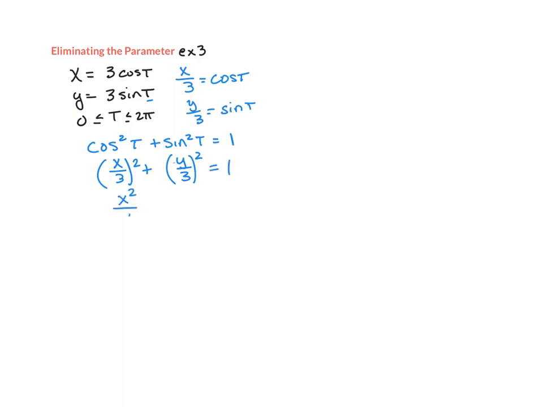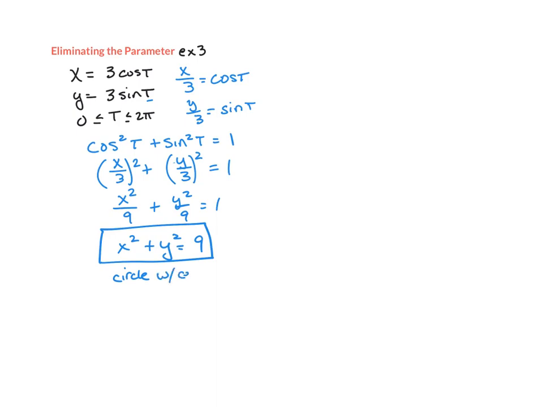When we square it out, it's x squared over 9 plus y squared over 9 equals 1. And we end up with x squared plus y squared equals 9, which we all recognize to be the equation of a circle with a radius of 3. And the center is at 0, 0. So a circle with center 0, 0, and the radius equal to 3.